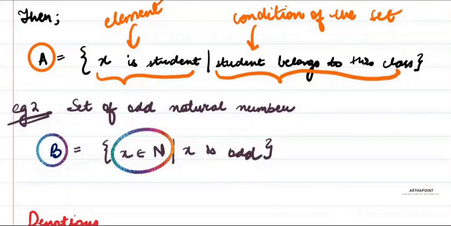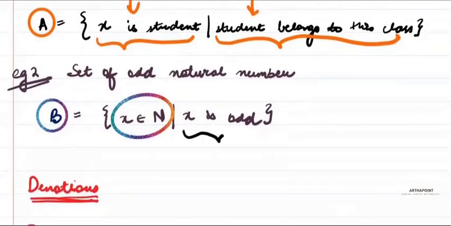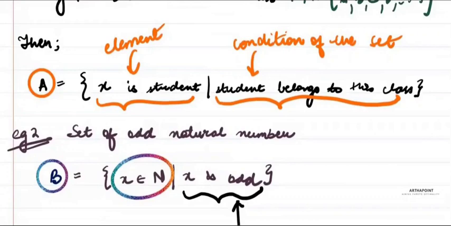Similarly, all the natural numbers. But among that natural number, which natural number will be in my set? Only those which are odd natural numbers. So, the condition related to which kind of natural numbers will be there will be given here. Similarly, condition related to which kind of students, that will be here.